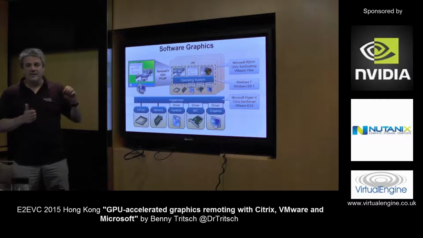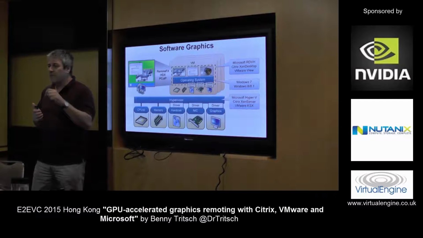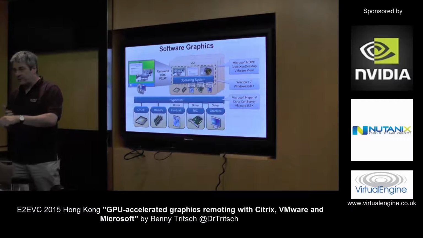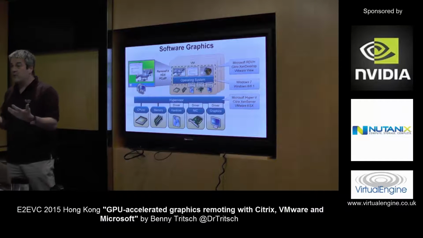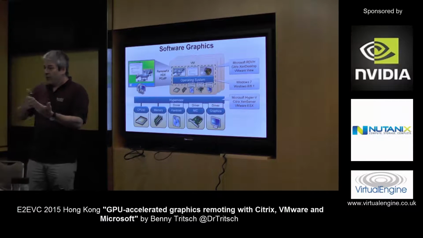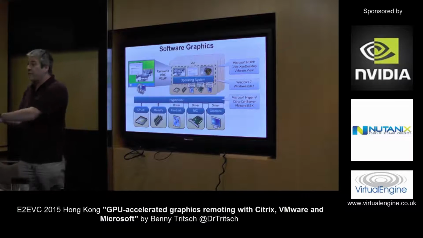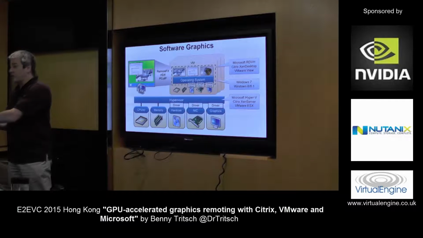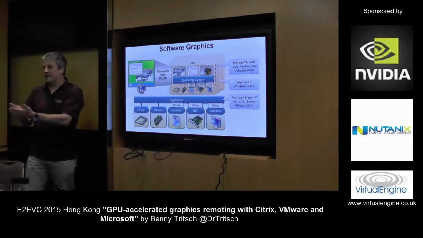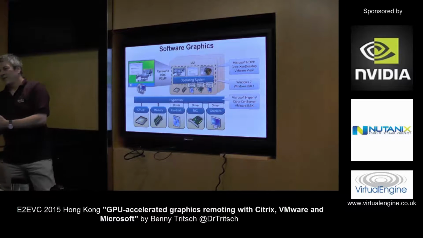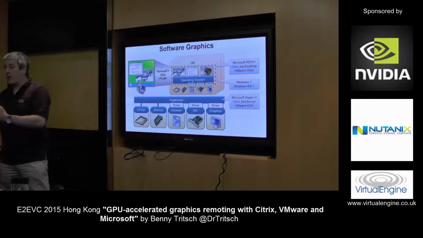Because the thing is, we're talking about multi-core CPUs today, like 2 cores or 8 cores, and we think, wow, this is huge, 8 cores in one CPU. If you look at a GPU, there are thousands of cores. A typical GRID card, with a K2 GRID card, we're talking about 3,000 cores in 2 physical GPUs.